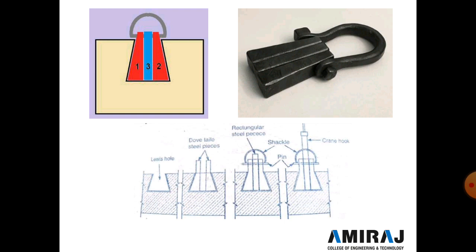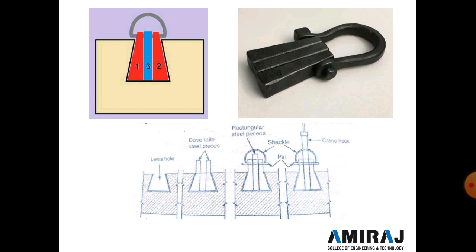Here this type of levis uses one rectangular piece and two dovetailed steel pieces, and above, a round pin with a U-shaped tackle is used.